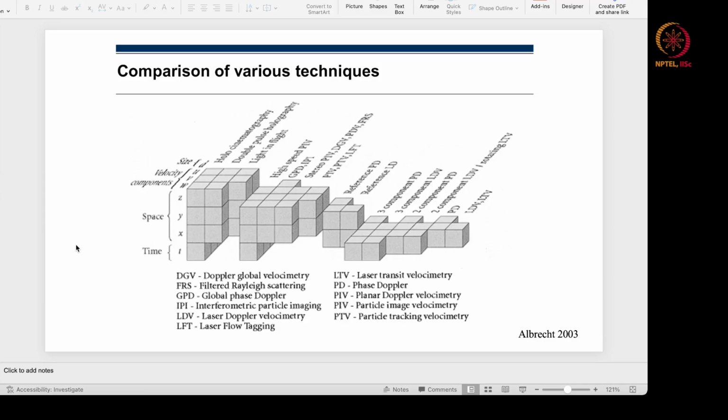All these things happen in a spatio-temporal fashion. As you can see, the field measurements will have both space and time. The point measurements will have more resolution in time than in space.